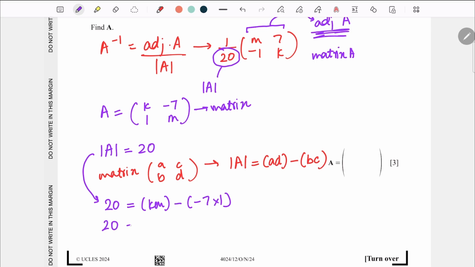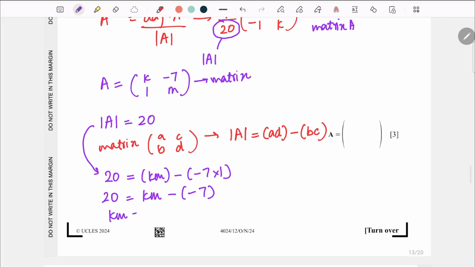This is going to be 20 is equal to km minus 7. And minus and minus will be plus. When this 7 is shifted to the other side, it will be 20 minus 7, and km will be equal to 13. So if we multiply k and m, we get 13.